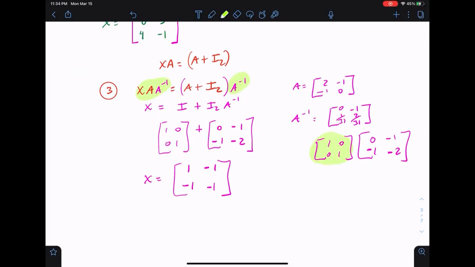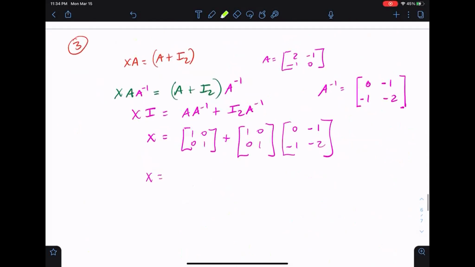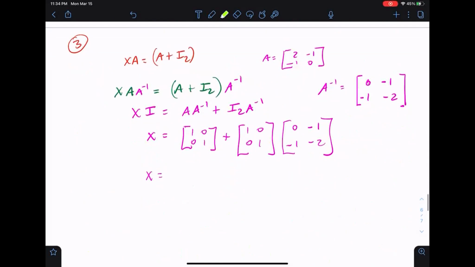Let's see what A inverse is in our slides. So we have the identity, we have this number, and we need to do the dot product. We should get the same as them. 1, 0, 0, 1 becomes the identity.